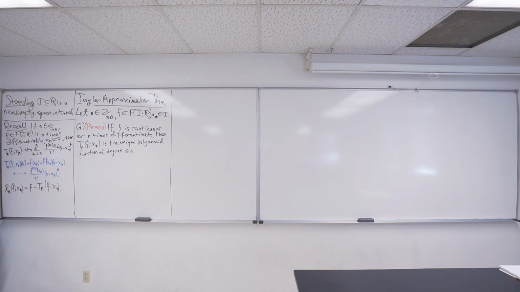This is a shorthand notation, but all you do is add f of x star, the 0th order term, plus f prime of x star times x minus x star, and so on, all the way up to the nth derivative of f at x star divided by n factorial times x minus x star raised to the power n.